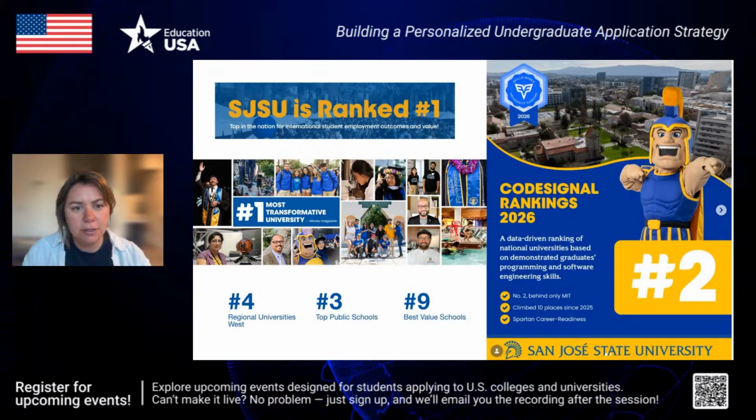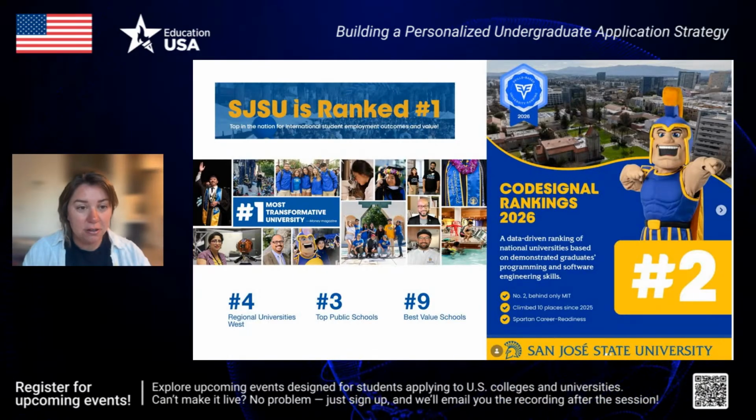We're also ranked number 1 for international student employment outcomes and value. And the reason for that being because unfortunately, it is the most expensive area to live in the United States. But the reason why is because of all of the opportunities that there are here. And luckily, out of all of the public and private universities, since we're a public university, we're able to keep our tuition prices down.